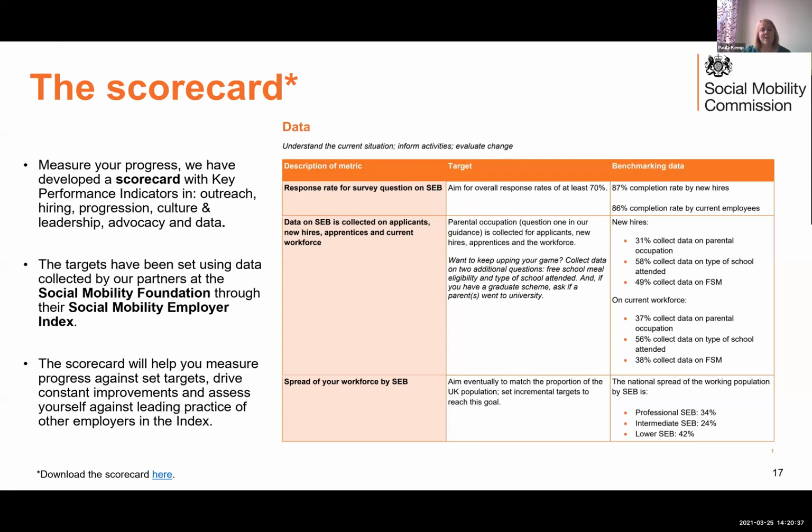And then in terms of which questions to ask as well, some of them ask those deeper questions. So you're benchmarking against those organisations that feature highly. 49% of them also on their new hires collect data on free school meals, so to really understand that economic disadvantage. And so this scorecard would help you in terms of understanding how you can benchmark against peers who are performing really well in this area, and in terms of where your data sets should be, really.